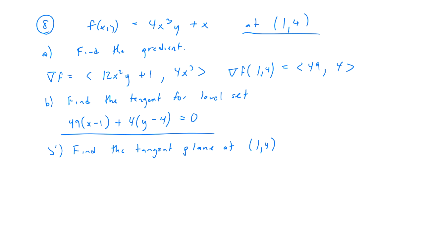So to do this, we just need one little extra piece, which is what else do we have to get? Right, so we need to plug in the 1, 4 into the function, which is 17.